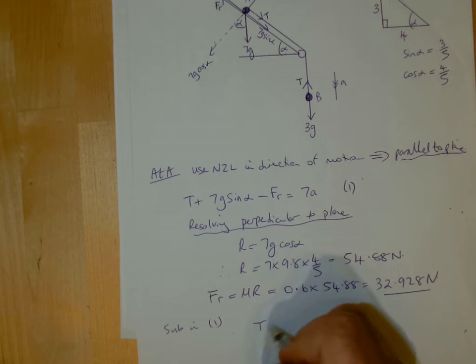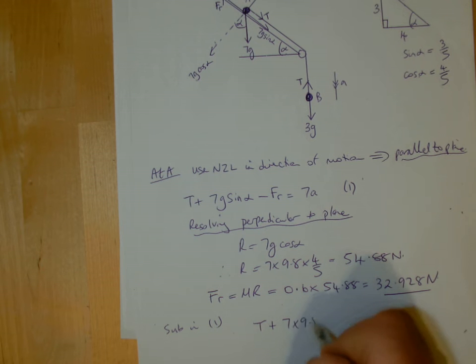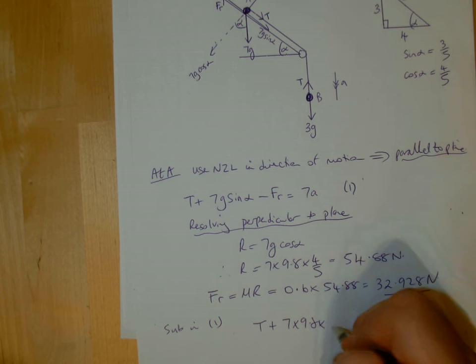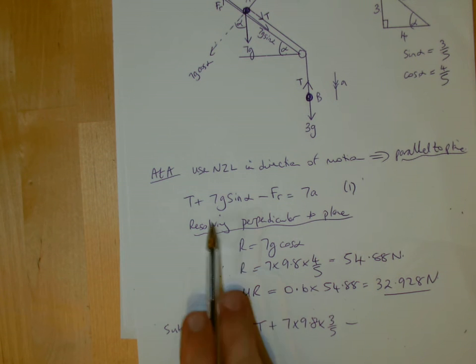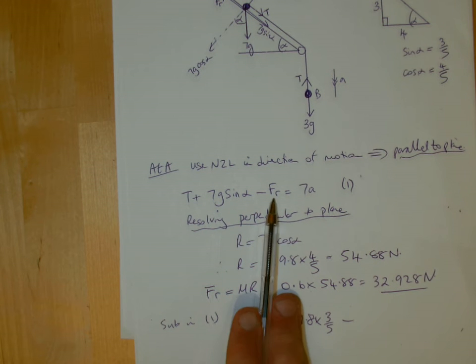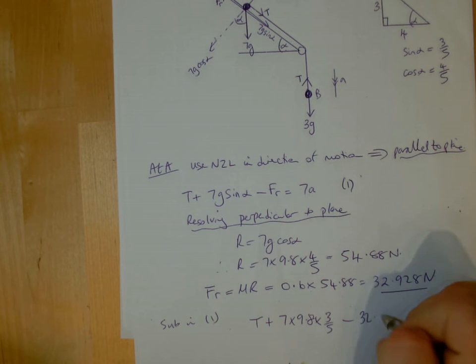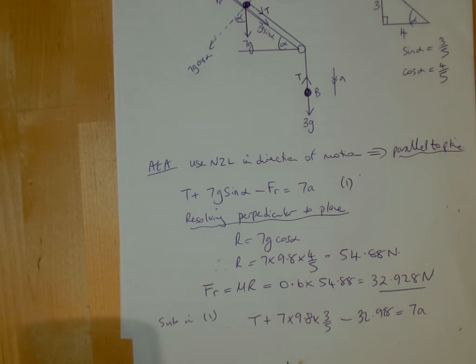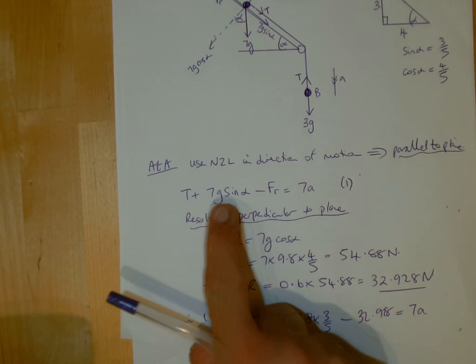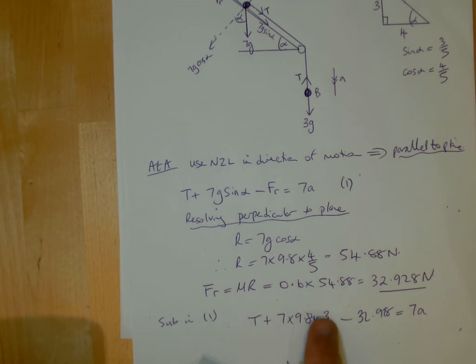So we have T plus 7g, 7 times 9.8, times sine alpha, which is 3 over 5, take away the friction, 32.928, which will equal 7a. Working that out: 7 times 9.8 times 3 over 5, and then take away the 32.928.